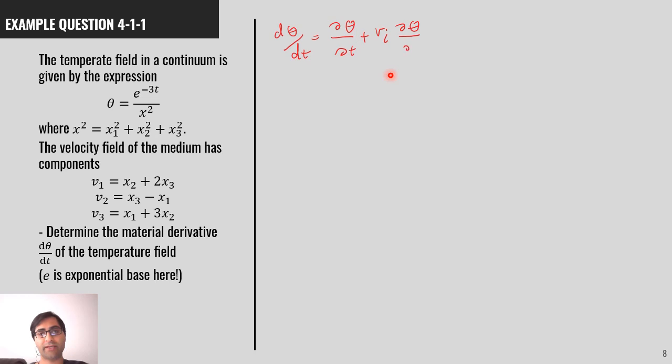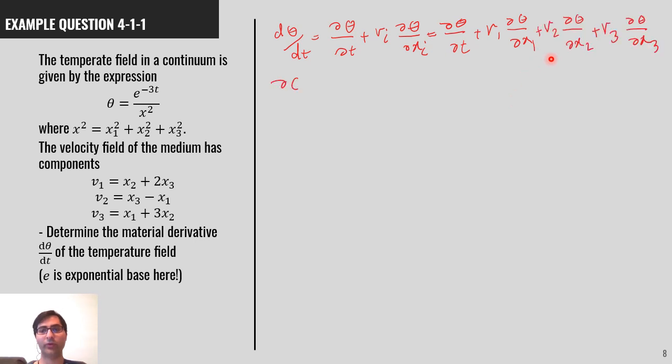The time derivative of the states multiplied by the variation of theta with respect to that state becomes equal to partial theta partial t plus v1 partial theta partial x1 plus v2 partial theta partial x2 plus v3 partial theta partial x3.